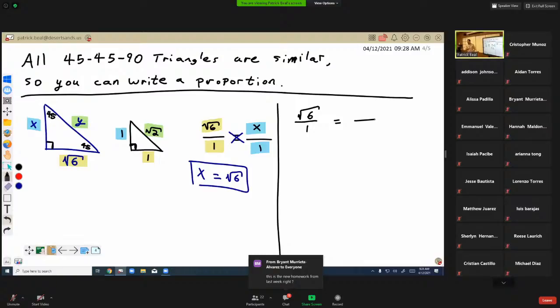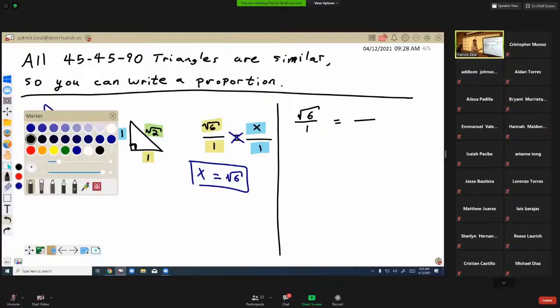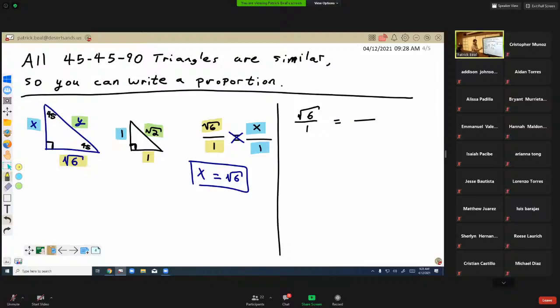Or tell me what the green fraction would be. So if we do square root of 6 over 1, that's the yellow. Square root of 6 over 1. What's the fraction using the green sides of the triangle?